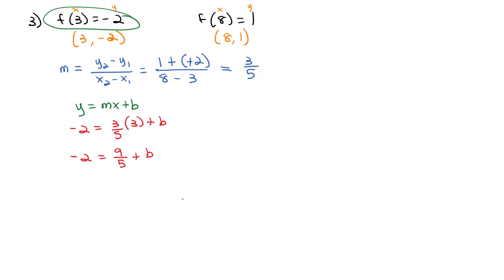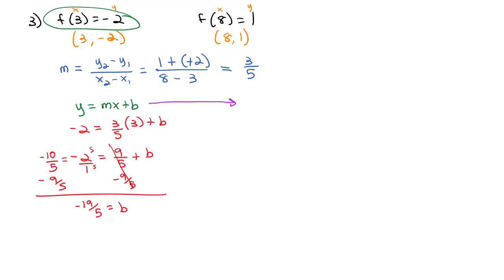And in order to work with this, we're going to need a common denominator on the left. So -2 is currently over 1. I'm going to multiply top and bottom by 5. It's going to give us -10/5. That way, when I subtract 9/5 from both sides, I can see b is equal to -19/5.